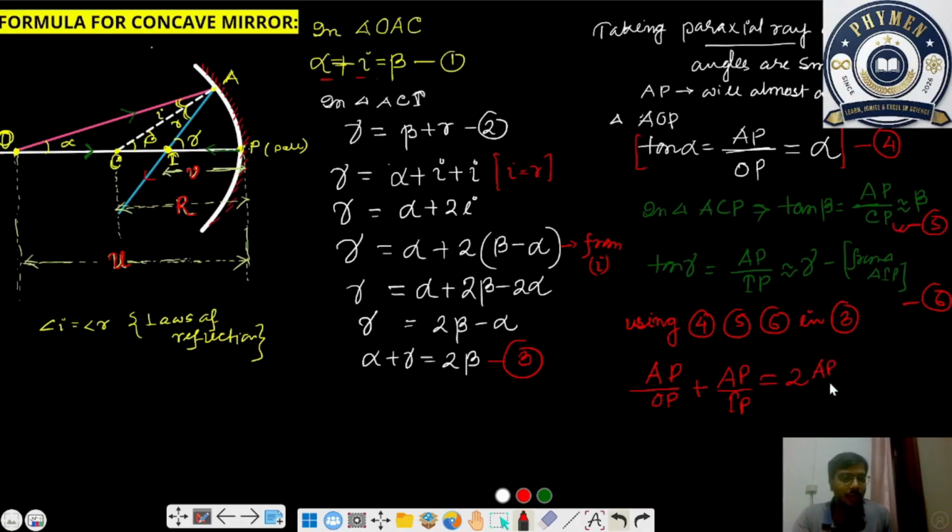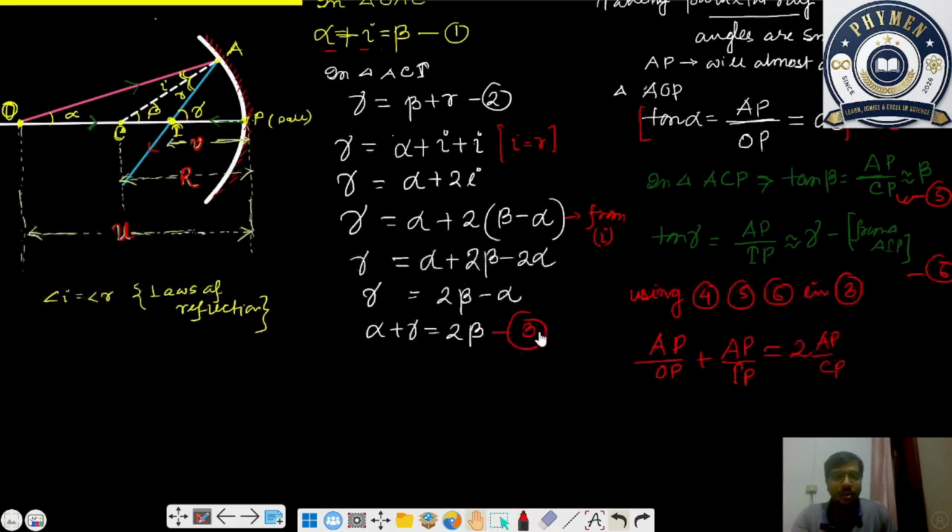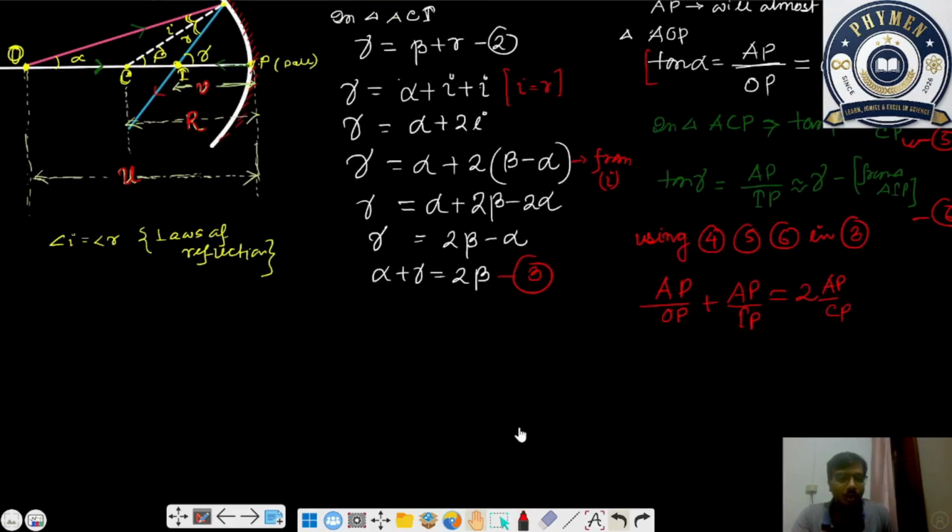Now AP is common on both sides, so it will be cancelled. We will be left with 1 by OP plus 1 by IP equal to 2 by CP.